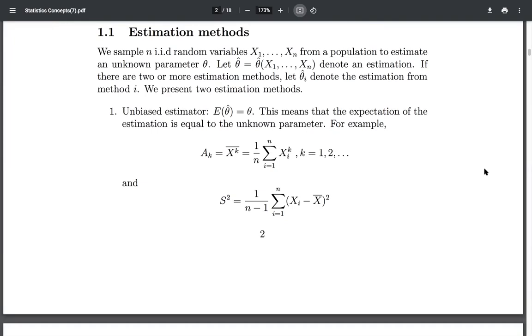Now let's say we have samples, right? So we get x1, ..., xn. So this is independently selected. They are identical in the sense that they follow the same distribution, right? So that's what it means that they are identical.